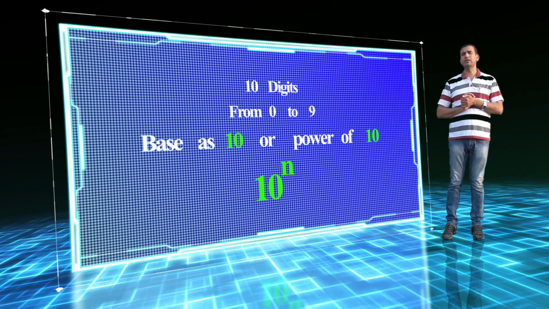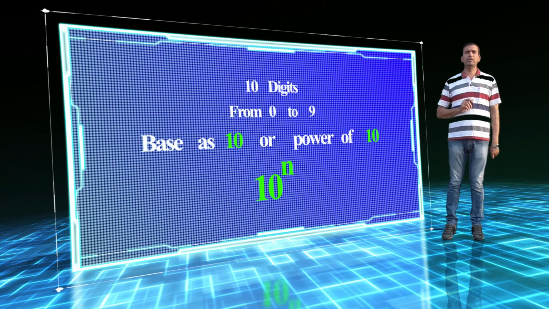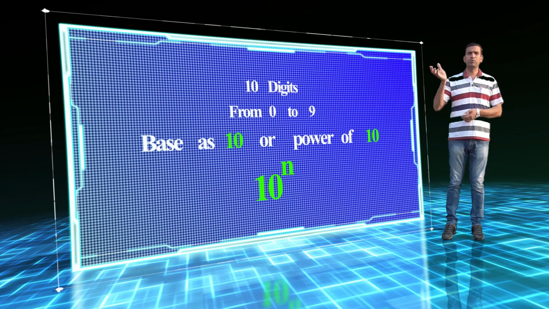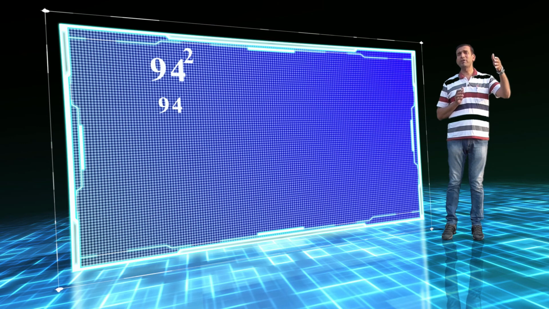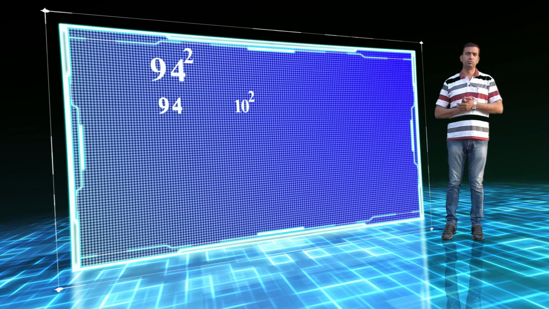So in the first part, I give you a very clear concept. You take any number. Let us suppose I am taking the number 94. Okay, 94 is very close to 10 to the power 2, that means 100. So here we should take 100 as the base.